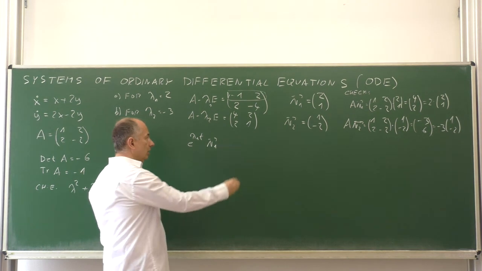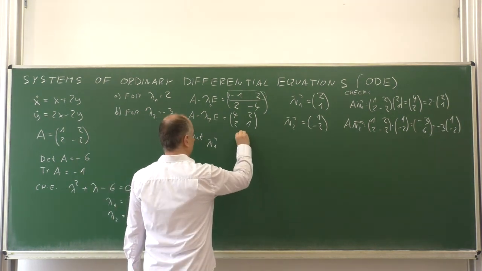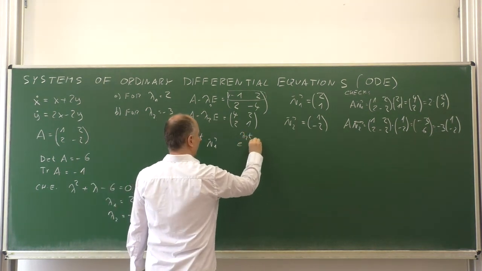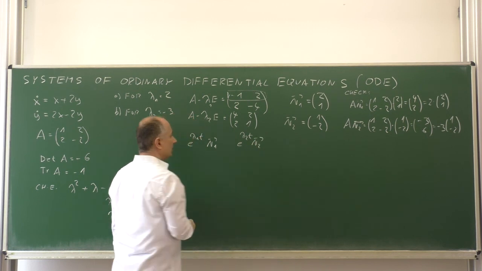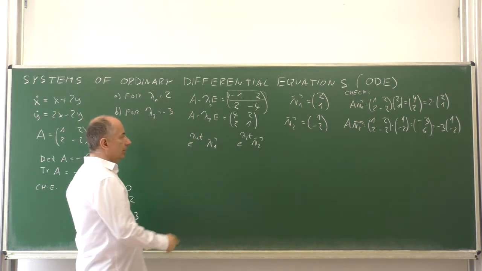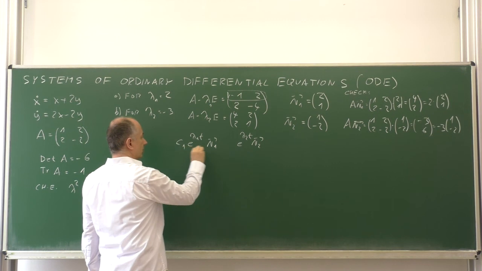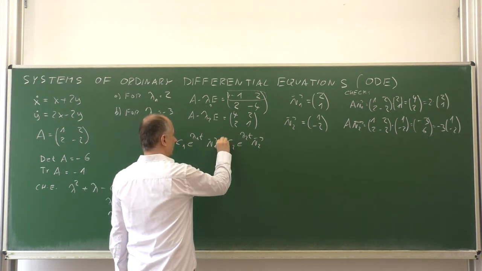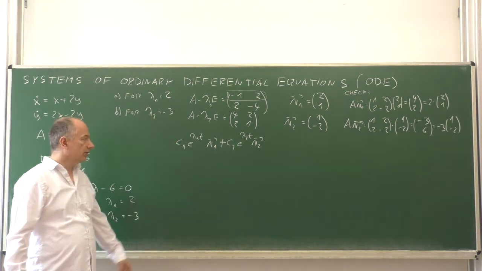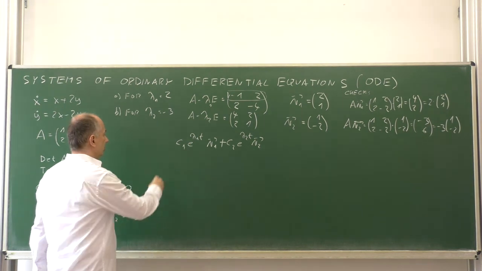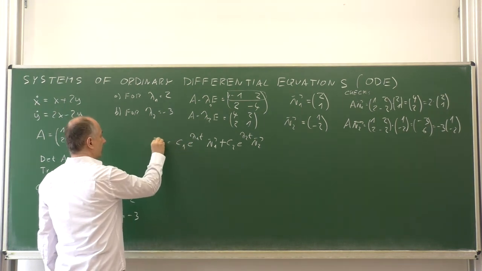Well, and having V1, we can build the solution e to the lambda 1 t V1. Having V2, we can build the solution e to the lambda 2 t V2. We can multiply any solution with any constant, and we can add these two solutions, and this is the general solution to the system of differential equations.